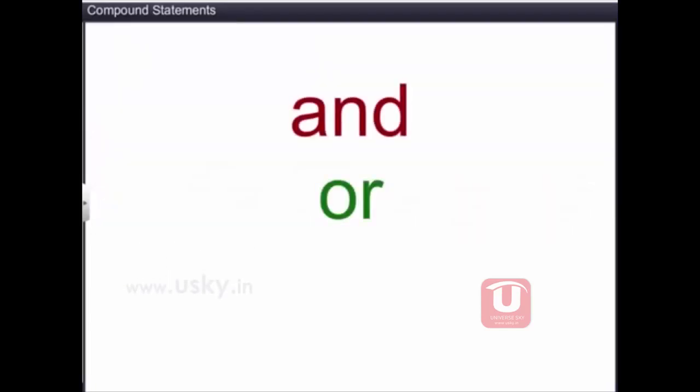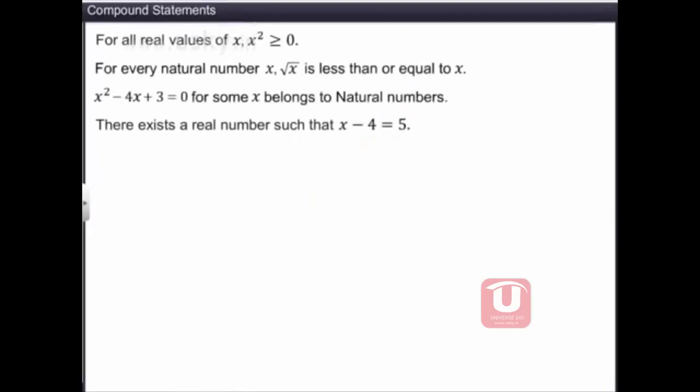We have seen compound statements with the connective words "and", "or". In mathematics, we come across statements that contain phrases like "for all", "for every", "for some", "there exists". These phrases convey the idea of quantity and refer to a specific collection of objects. Such phrases are called quantifiers.